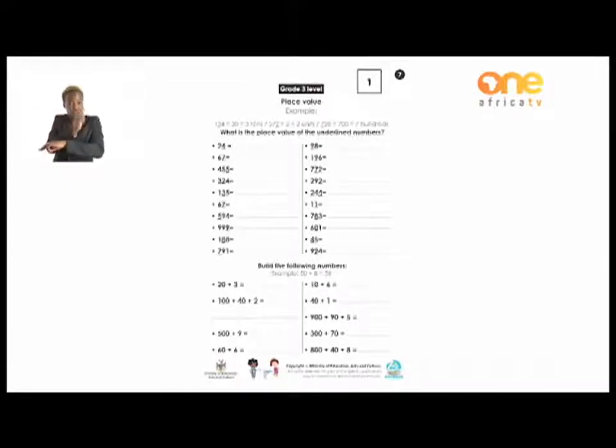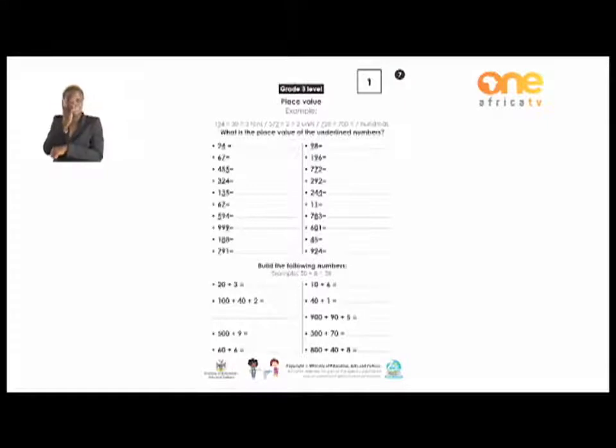Let's quickly look at the one next to it, 98. Again here, we only have 2 digits, 9 and 8. 9 is the one that is underlined, so it wants to know the place. At what place is that 9? It's at the tens place, so we write tens. All right, let's go down to 67.